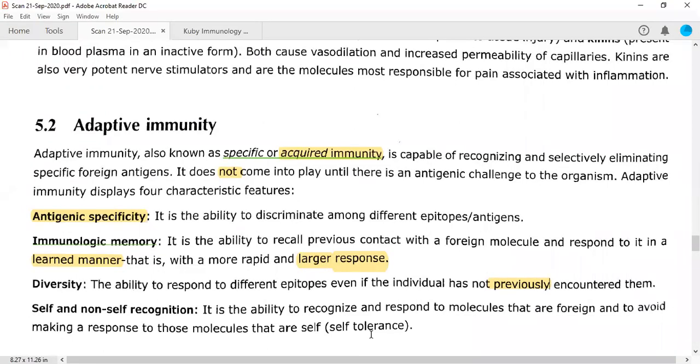And it will only mount an immune response to the pathogens or foreign particles which are not part of our body. All right. So this property is important because if it is not self-tolerant, it will mount an immune response against the body's antigens and it will harm the host somehow.